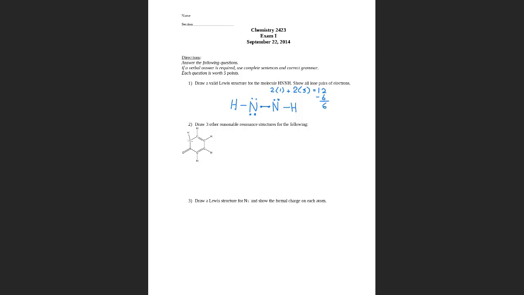And forgive me if I'm telling you things you already know. I know that some of this is a bit of a review for you. So since this nitrogen does not have enough electrons, I'm going to have to share from an adjacent atom. So the atom next to it has to share by forming an additional bond.